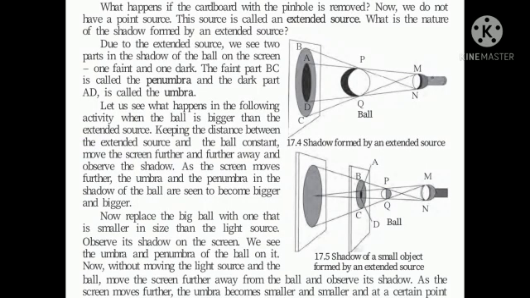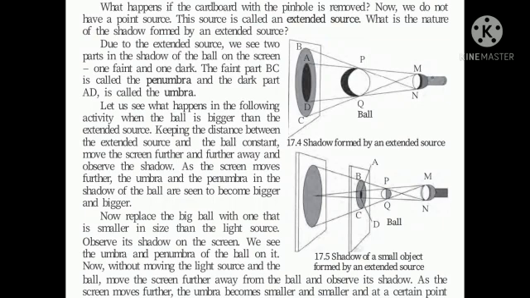When a source of light is bigger in size, like light emerging from a torch, it is called an extended source. A source of light which is bigger in size is called an extended source.